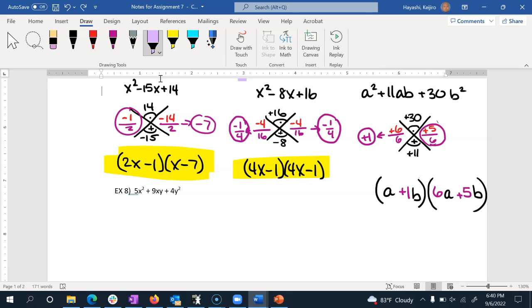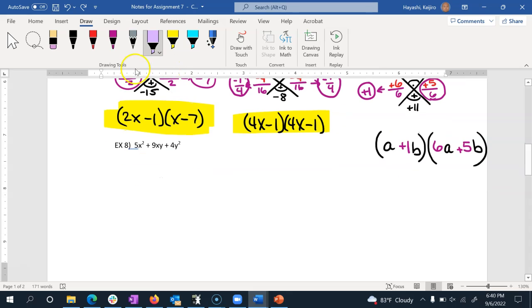And you're just trying to figure out what those coefficients are supposed to be. So you can already write that your factors are going to be of the form x and then y, and then x and then y, and then you're just trying to figure out what numbers go in front here.